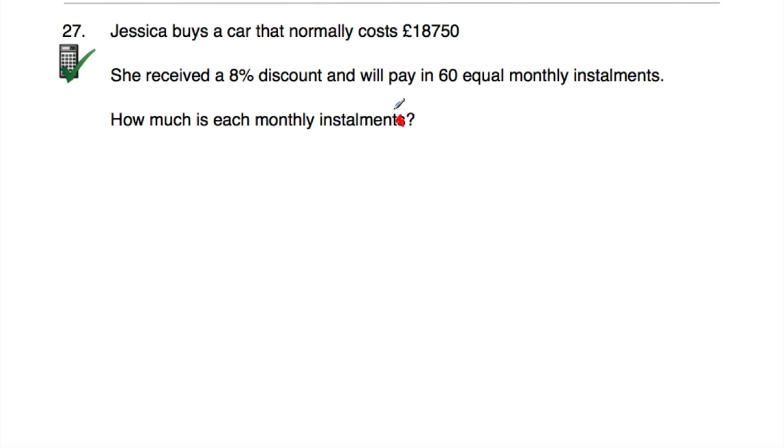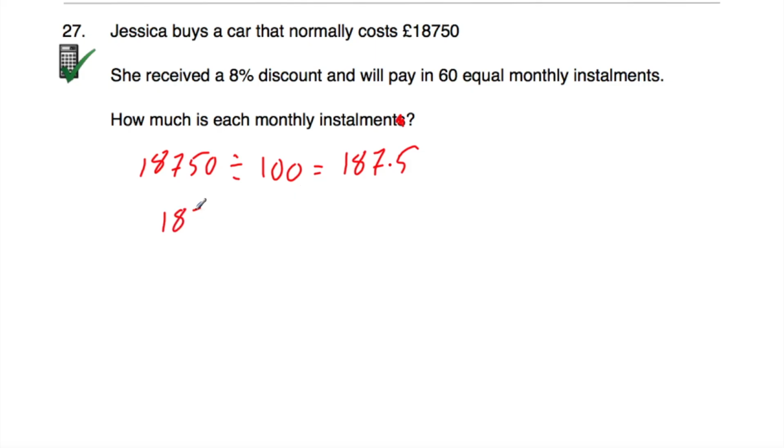Okay, so what we're going to do here is find out how much Jessica has to pay. There's an 8% discount, so let's work out what 8% is. Let's take the 18,750 and divide that by 100 to find 1%. 18,750 divided by 100 is equal to 187.5. So that's 1%.